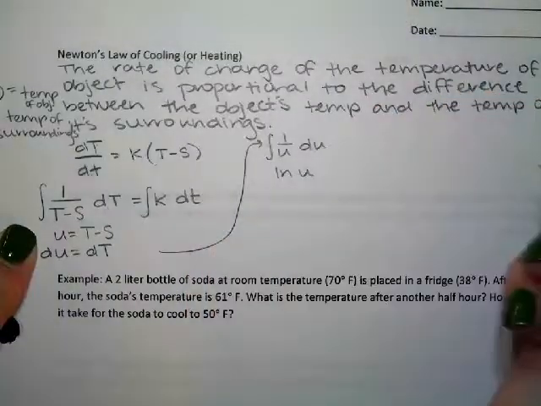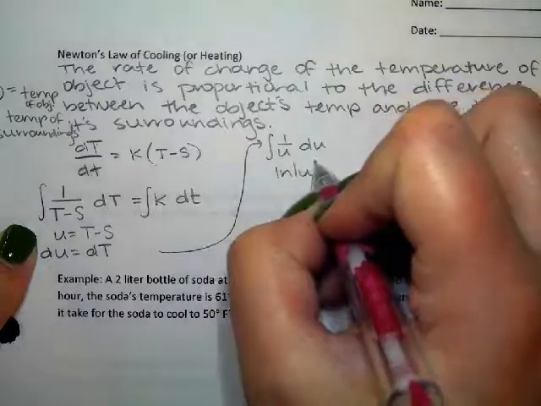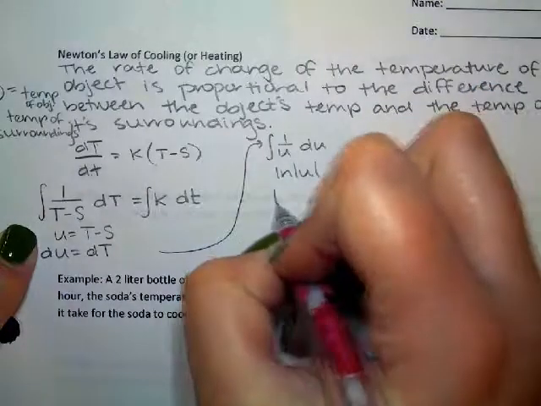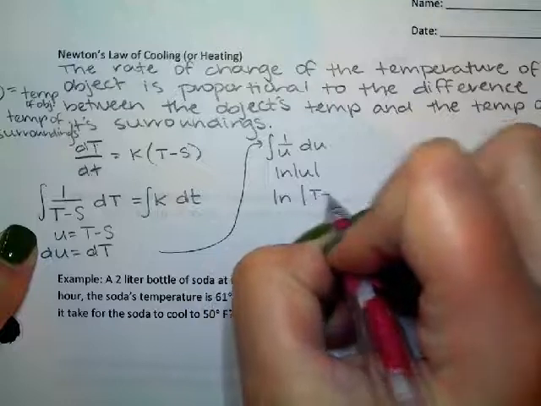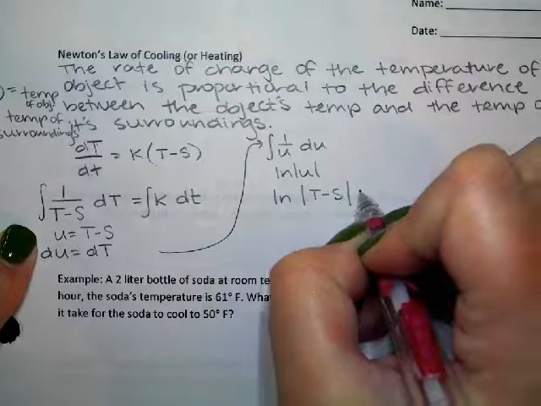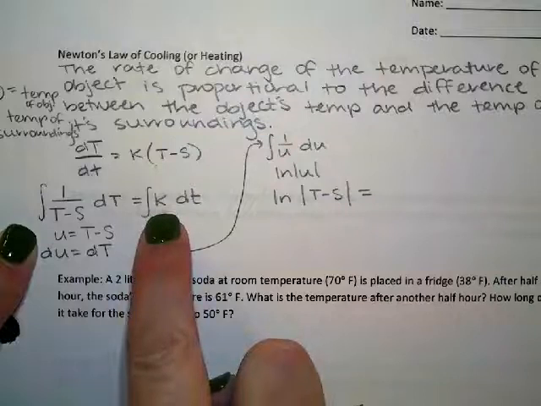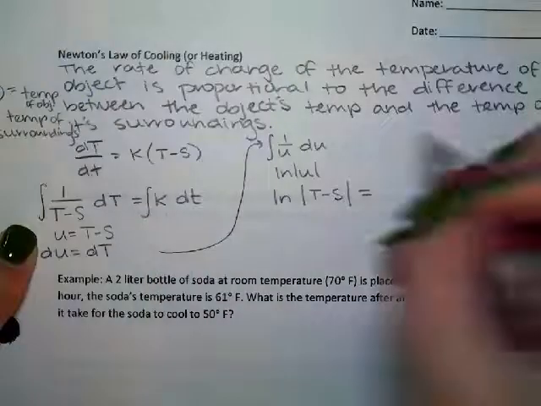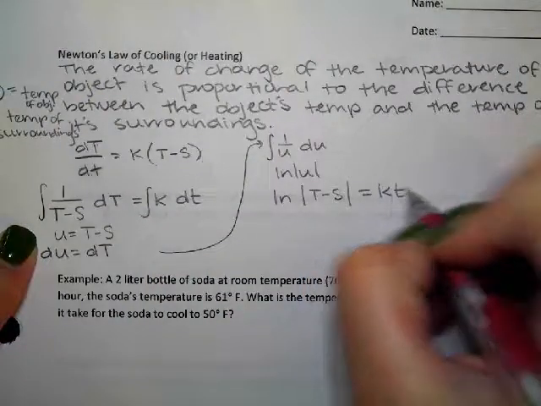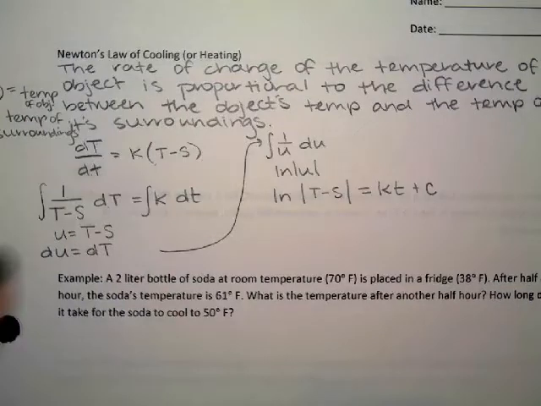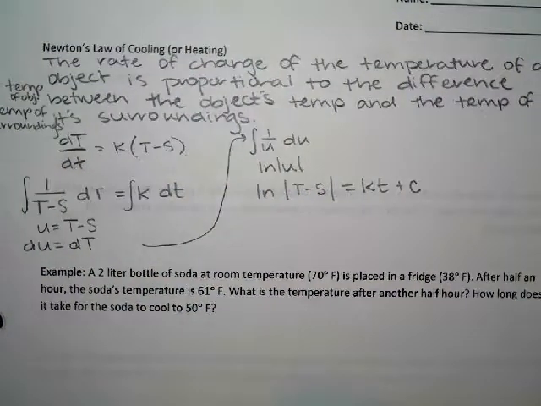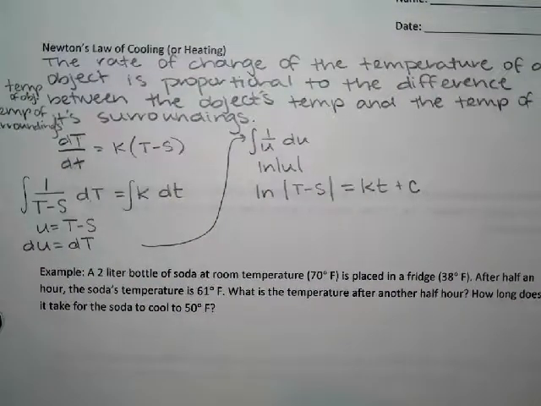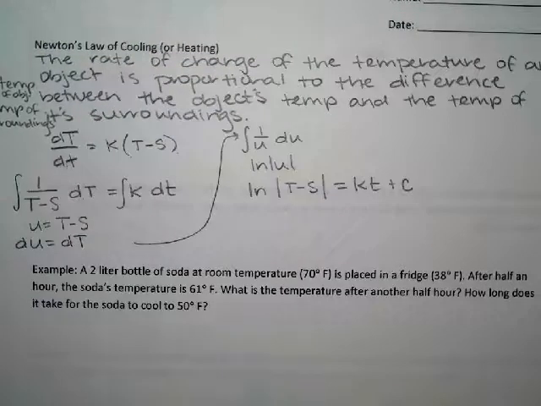And so what we actually have is ln of (T minus S) equals, what do we have on the other side? kt plus C. Are we comfortable so far? Yes. Okay. Now, when we do the process of solving separable differential equations, what is our goal?